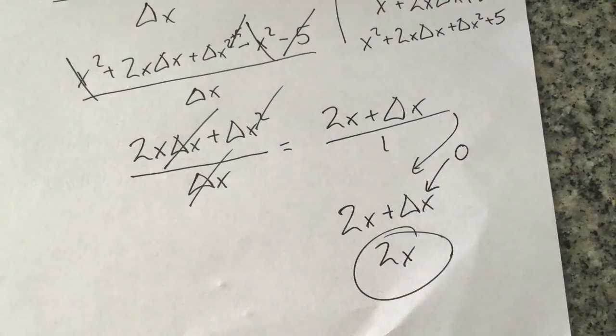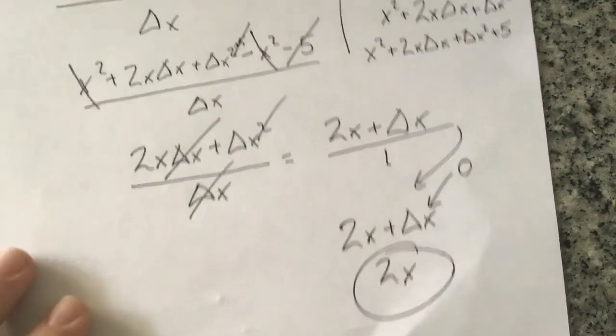So you may be saying, well, if the slope is 2x, how is the slope 2x? Well, it's not that this is exactly the slope, but this is what is called the derivative. This is the derivative of the equation, and this is what allows us to find the slope at any given point.